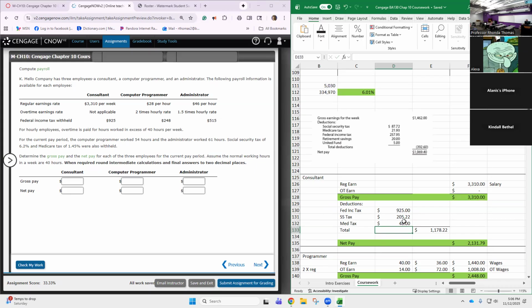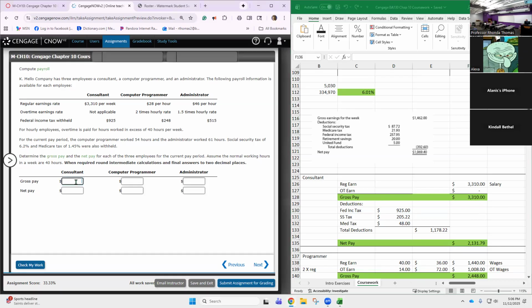So these are all my deductions. And I'm going to add all the deductions together to come up with total deductions. Total deductions. So when you subtract your total deductions from your gross salary, you should get net pay.